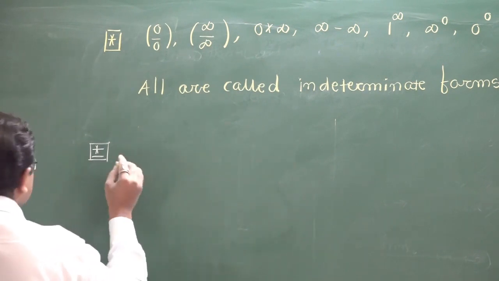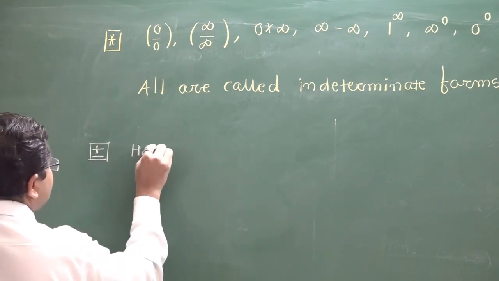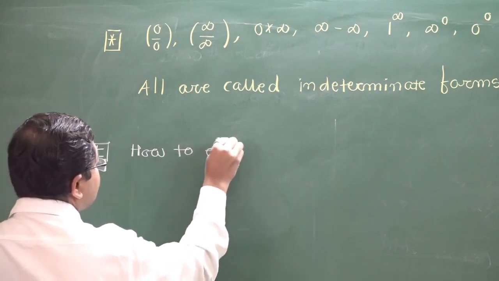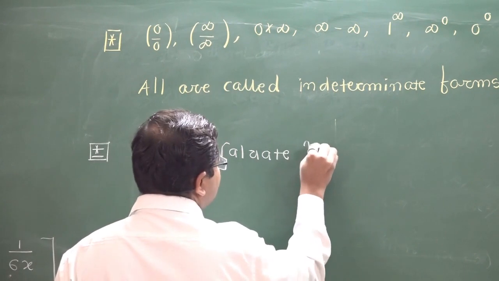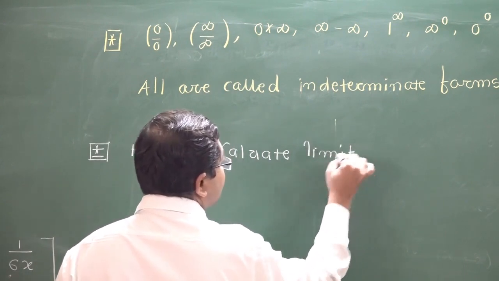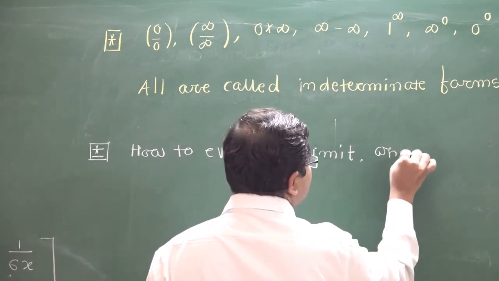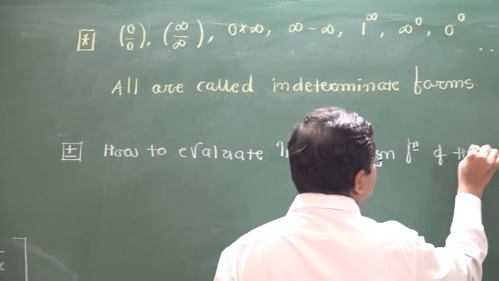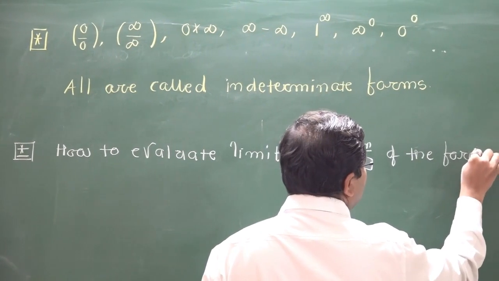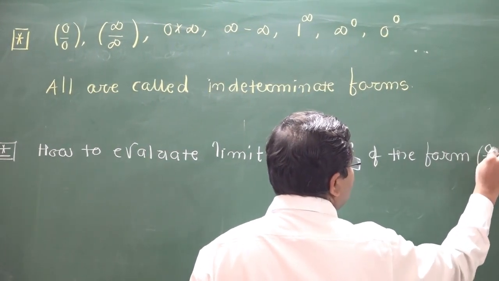Now how to evaluate the limit when the function is of the form 0 by 0?